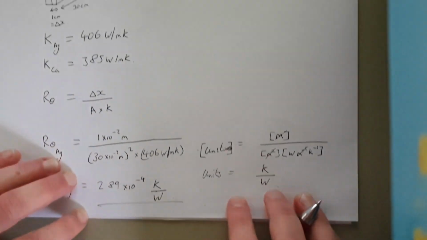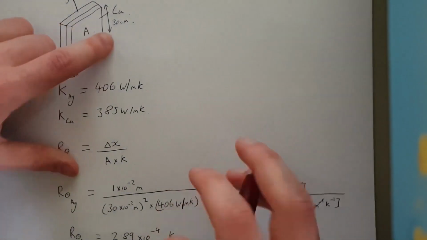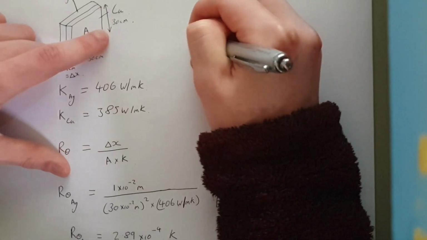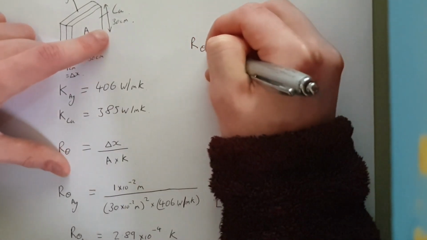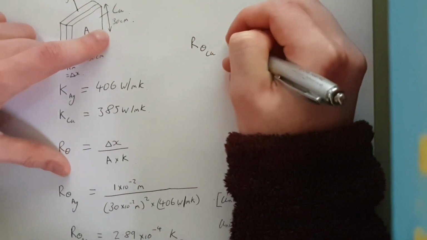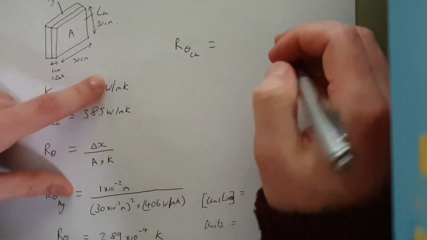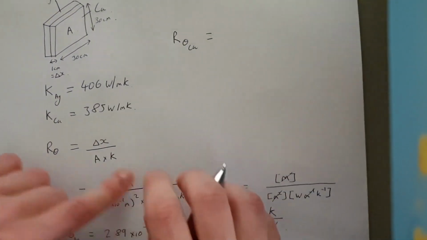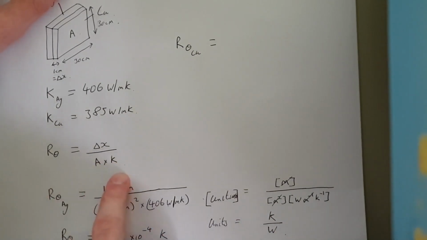We can do a little trick for the copper one. So if we say that R theta Cu is equal to, well, it's going to be the exact same formula that we used here, but the only thing that's different is k. So we can say that it's the exact same as this, but we just change this 406 to 385.